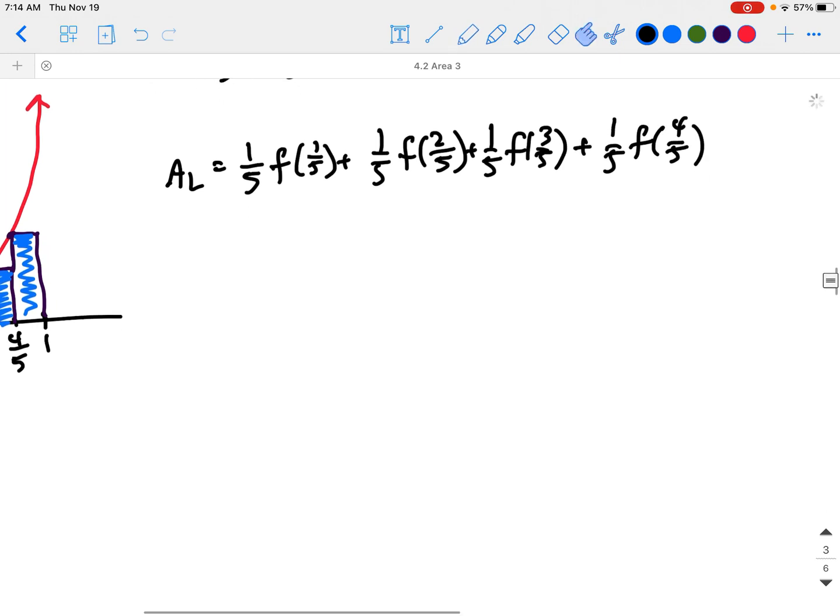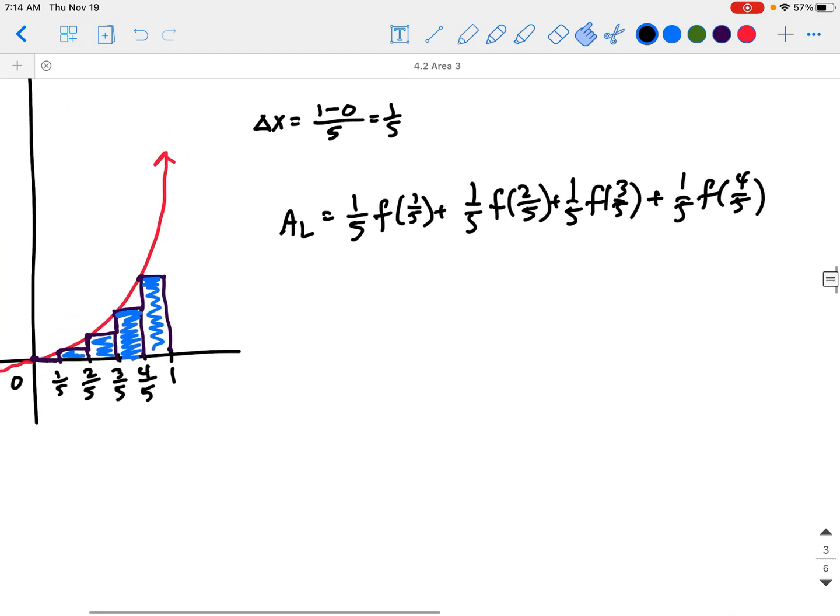All right, so just taking the area of each one of those separate rectangles, again with delta x being 1/5. We don't need to include f of 0 because there's no height. There's 0 height there, so we're only going to have 4 terms for our summation.